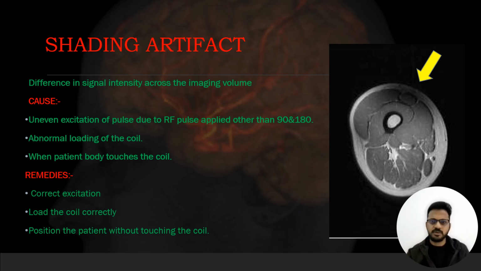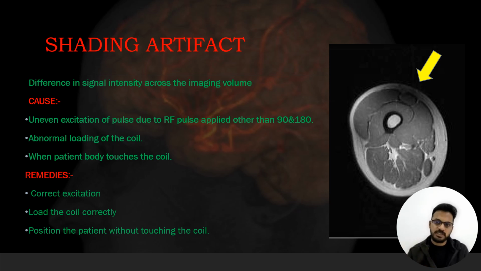This has different causes: maybe an uneven excitation pulse, with the RF pulse applied at other than 90 or 180 degrees, abnormal or inappropriate loading of the coil, or the coil touching the patient.